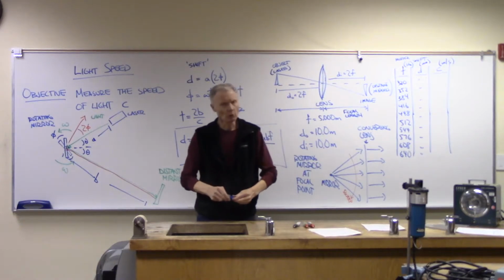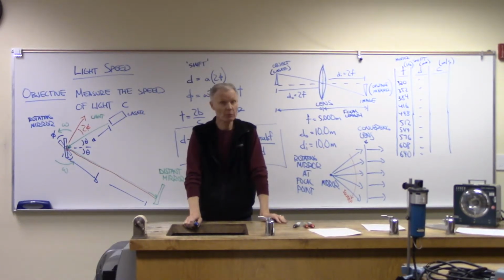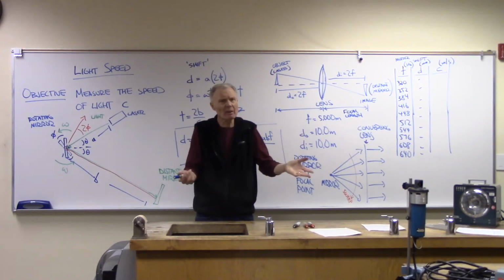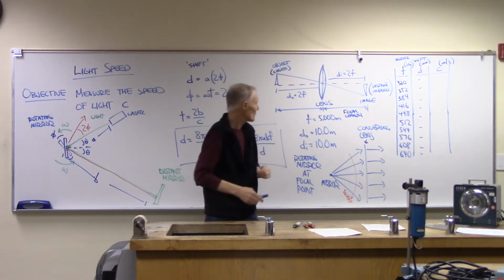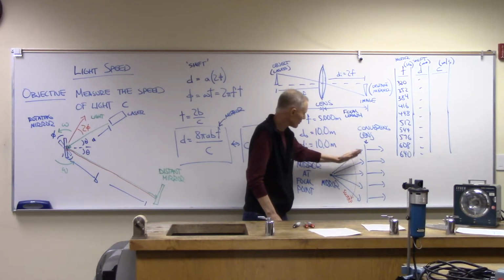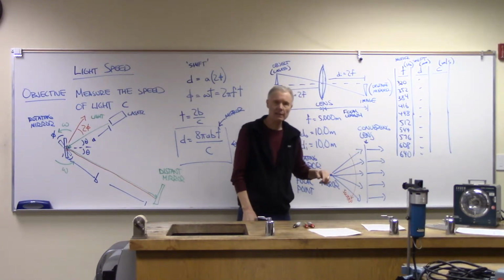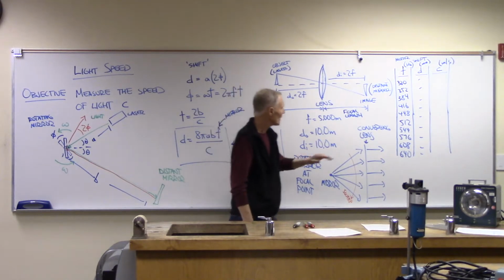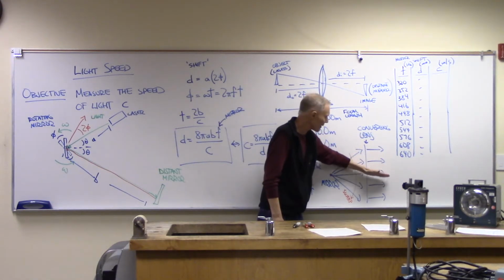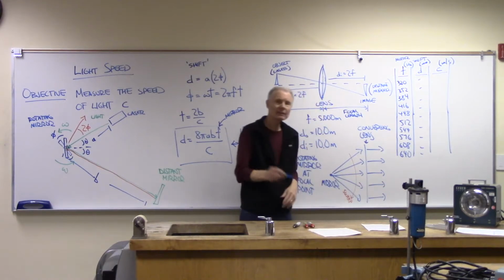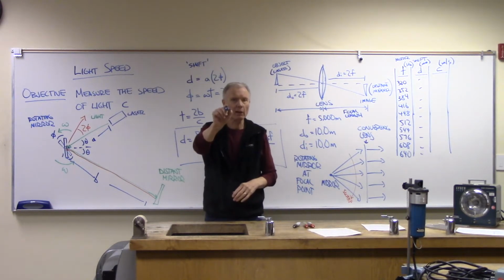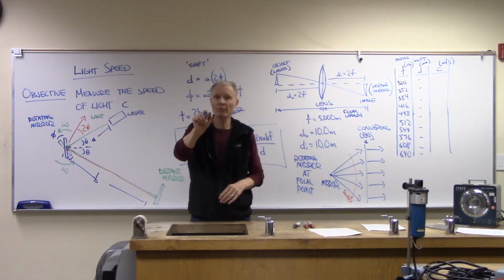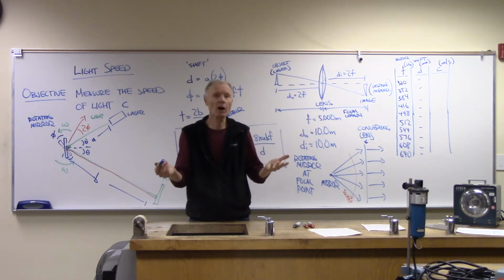And so only those students with exceptional eyesight are able to, well, actually most everybody's able to see it, but it's really faint. And so as it sweeps across, what we need in order for the light to continue across the room and back, the light coming out needs to be parallel.